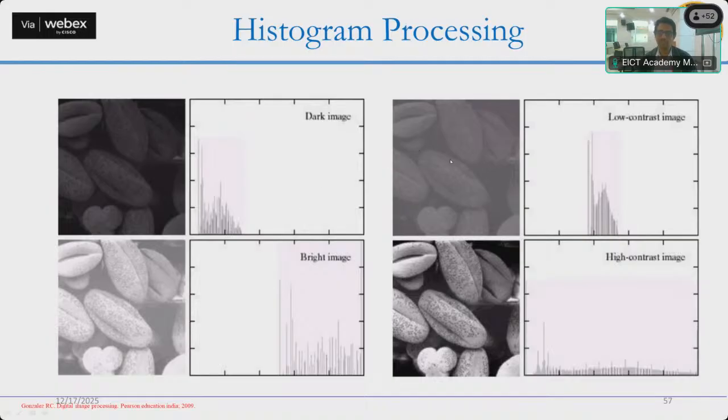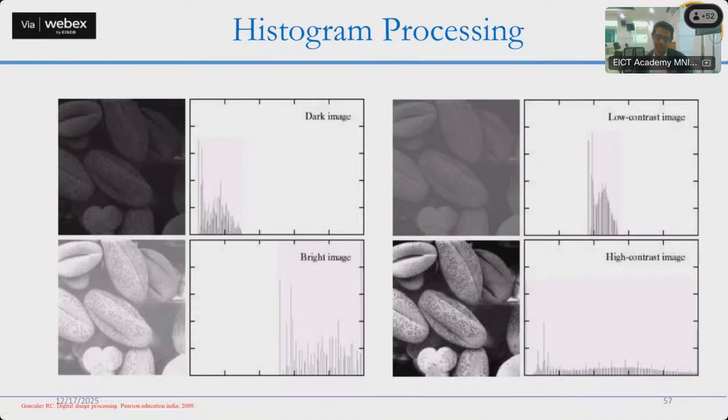In the low contrast image, what do we mean by low contrast? Low contrast is not that dark, but it is an almost blurry type of image. There, whatever you are seeing, the histogram is basically in the middle part. Are you able to observe this?